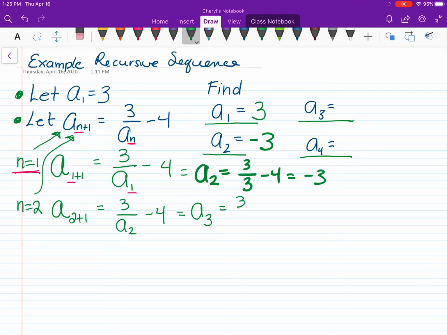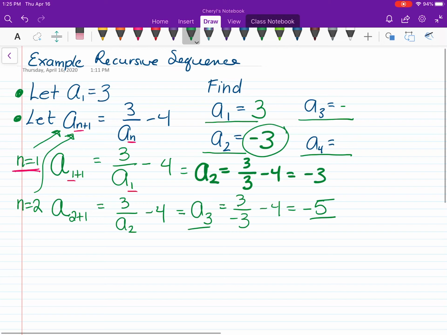Well, we found A2. A2 was negative 3. So I'm going to put in negative 3 here. And then I have subtract 4. So I have 3 divided by negative 3, which is negative 1. And I have a negative 1 minus 4. That's a negative 5. So I know that A3 is negative 5.